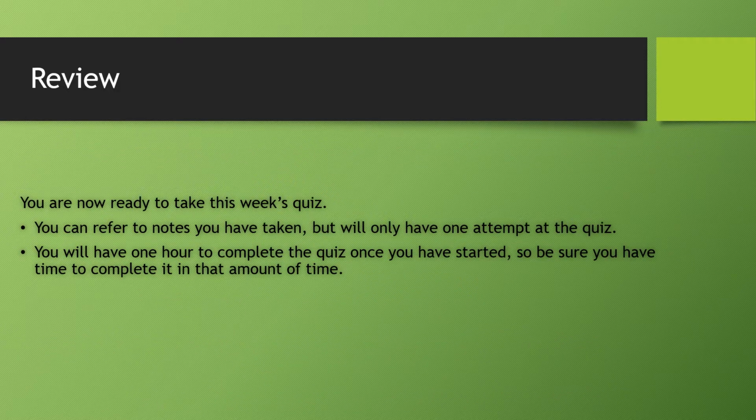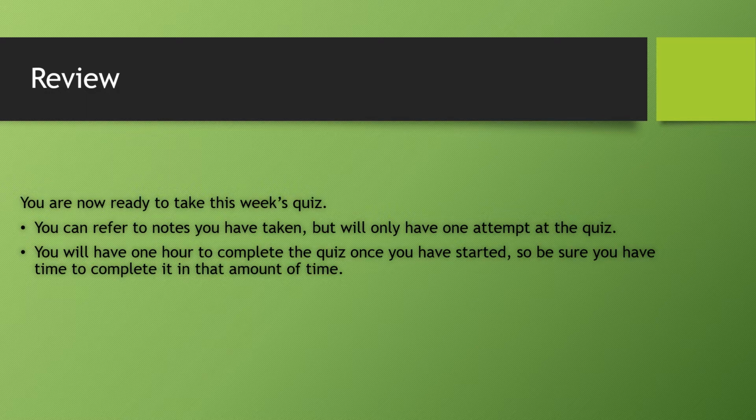So now you're ready to take this week's quiz. And again, please remember that you can refer to any notes you've taken, but you will only have one attempt at the quiz. You will have 1 hour to complete the quiz once you've started, so make sure you have enough time to finish it. You will not have any problem finishing the quiz in a 1 hour time slot. There's only 20 questions, as there will be every week.